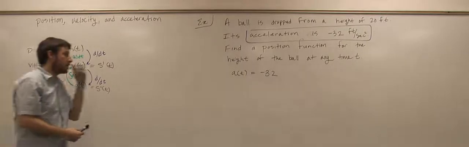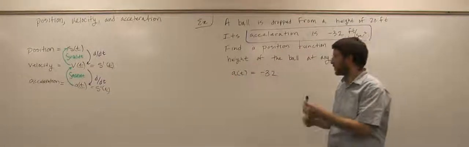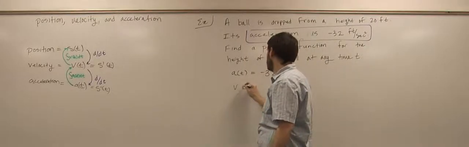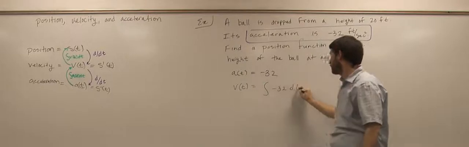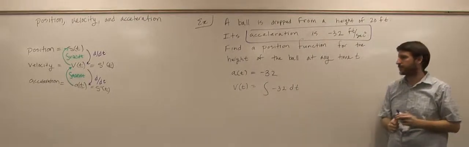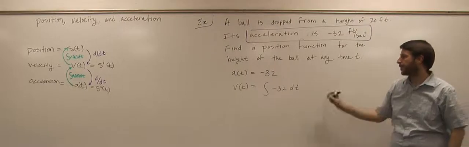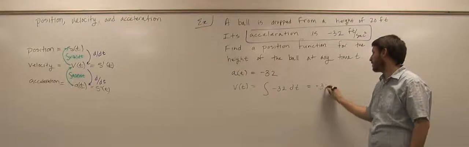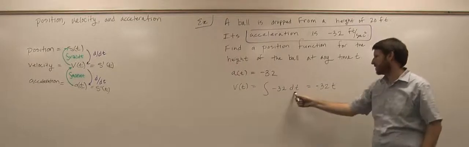Okay. So as soon as they tell you that acceleration is negative 32, you can get velocity by taking the integral of the constant negative 32. So what's the integral of negative 32? Negative 32 t or x? t, because I put dt.